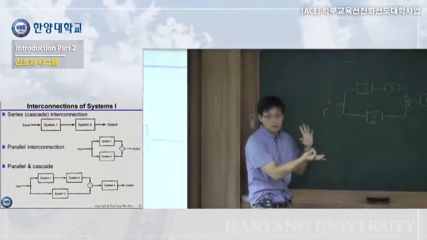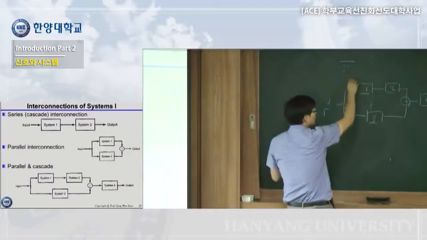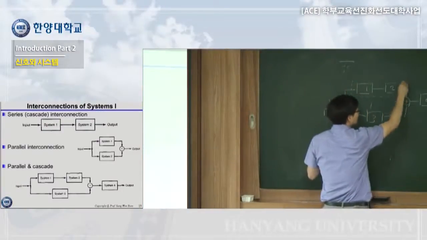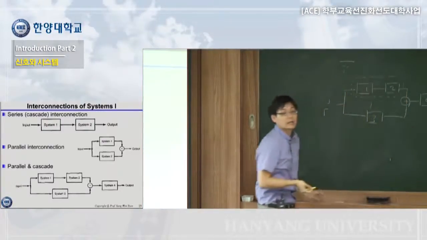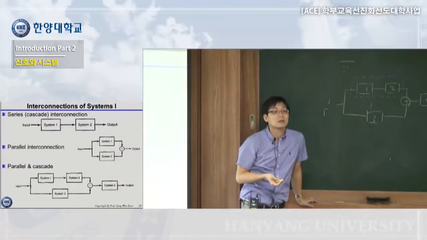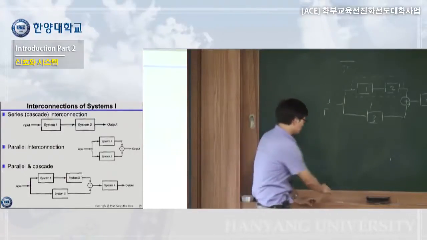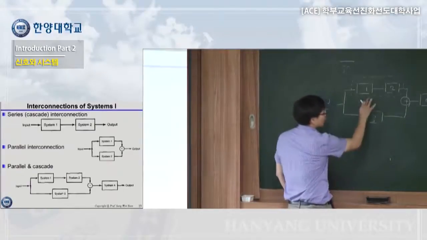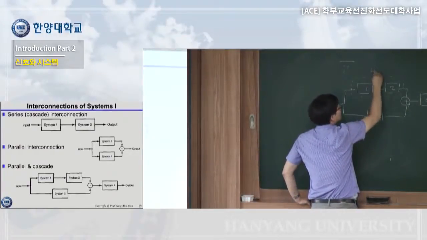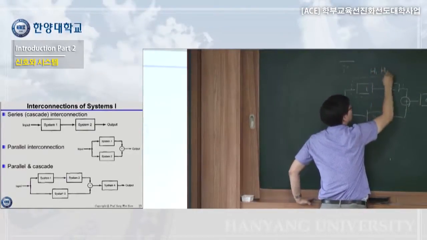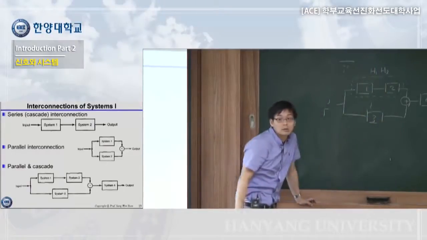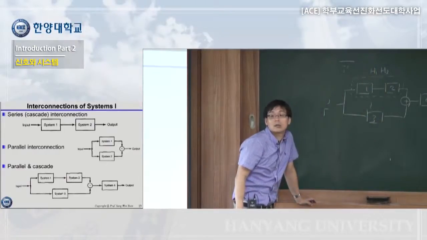So let's segmentize it. Here is what? Here is cascade. Here is cascade, right? So the transfer function in this yellow box is H1 times H2. Right?